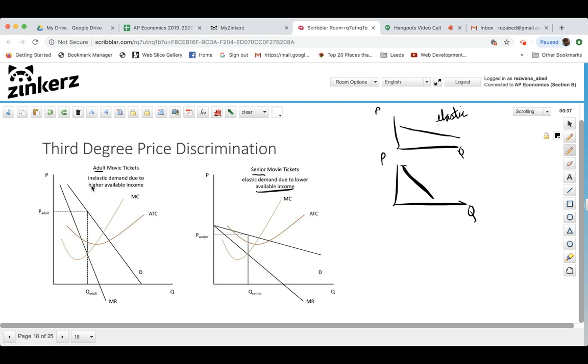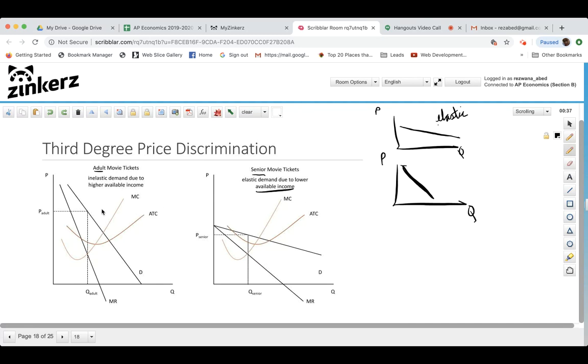So even if prices were to rise a little bit for movies, they probably wouldn't decrease going to the movies by as much. Whereas seniors would probably do that. If they saw that prices for the movie theater had gone up a little bit, they would probably not go to the theater at all.